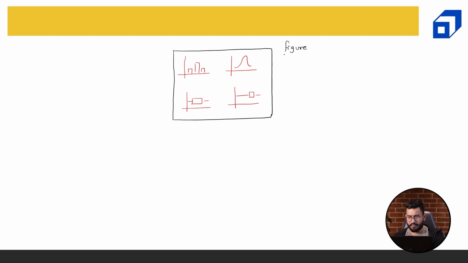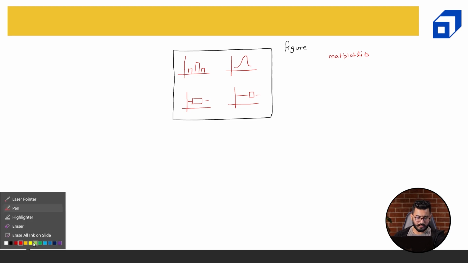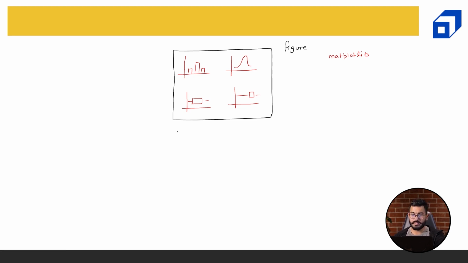Now, since I have to plot multiple plots on top of the figure, we'll be using the Matplotlib library to make this happen. Now, Matplotlib library comes with a function known as the subplot.